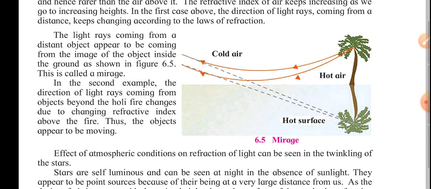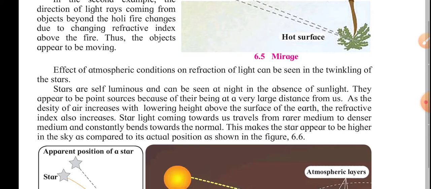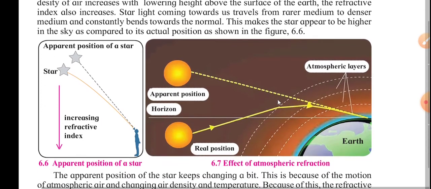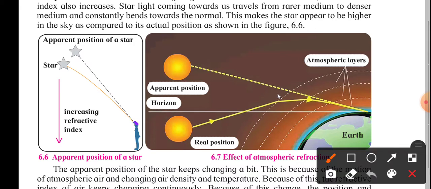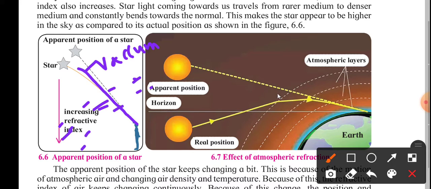When we go above the earth's surface, the refractive index is changing. The refractive index increases from the star till the earth, because here we have vacuum and the air is present over here, and due to that the refractive index changes.